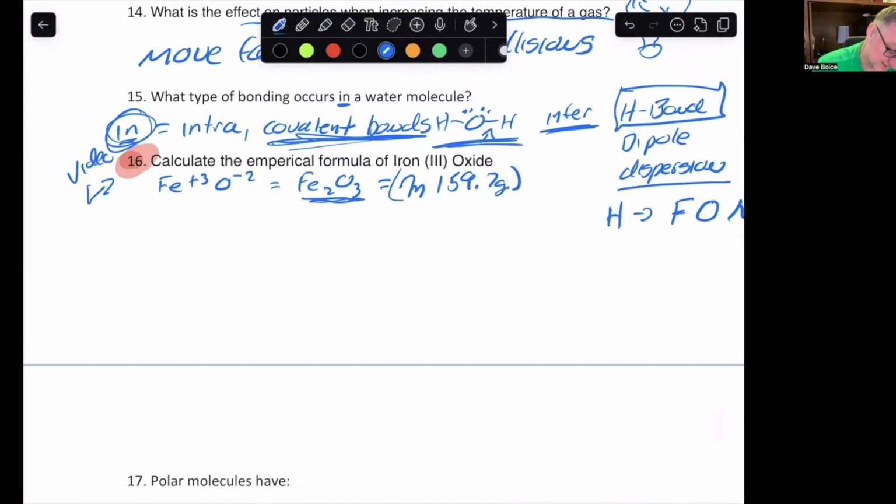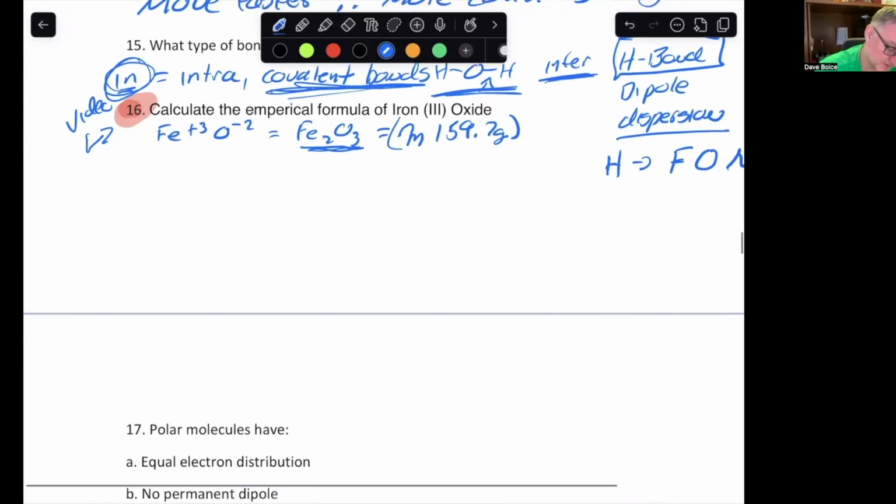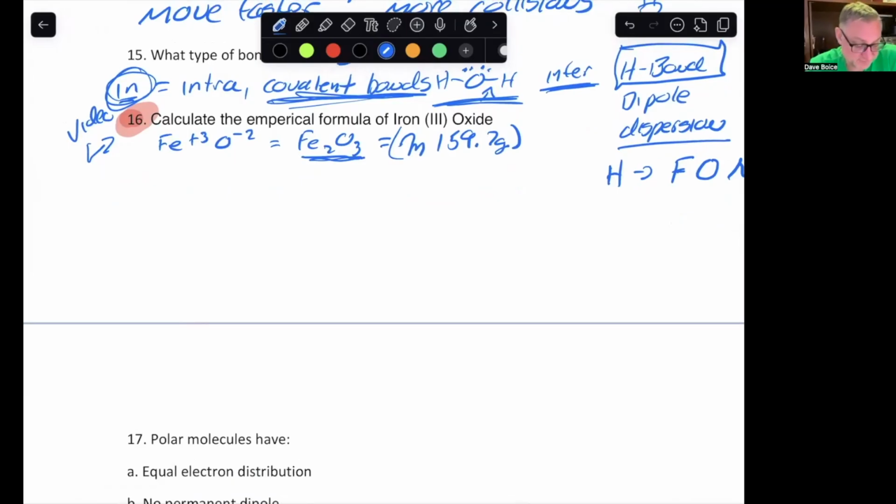Now I want to find out its percent composition first. So I'm going to figure out Fe2O3 divided by iron and oxygen. So each one will have its part. So that's Fe2 divided by Fe2O3. And let's just do that one first.